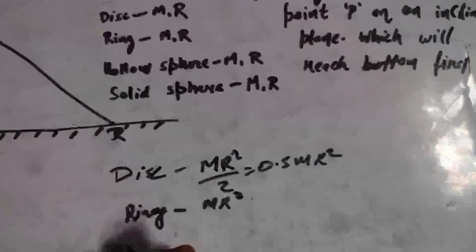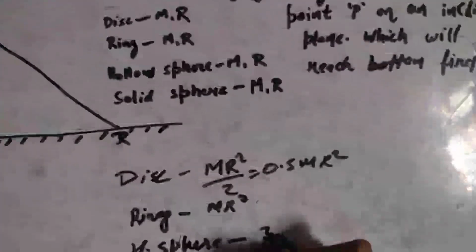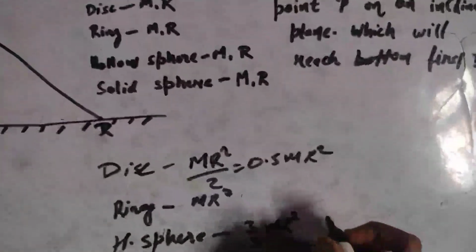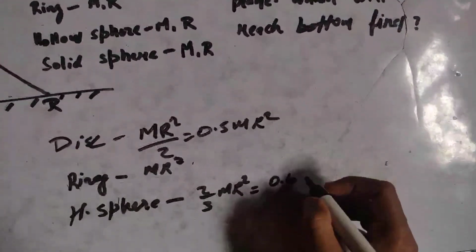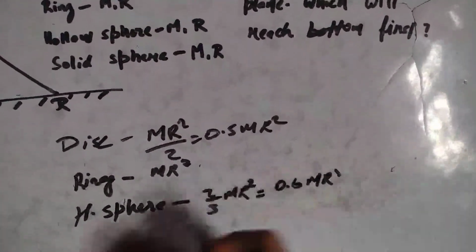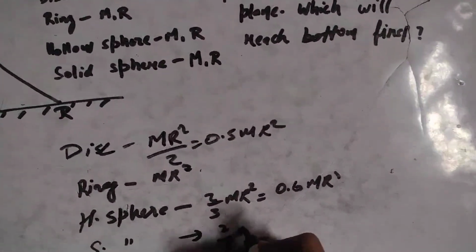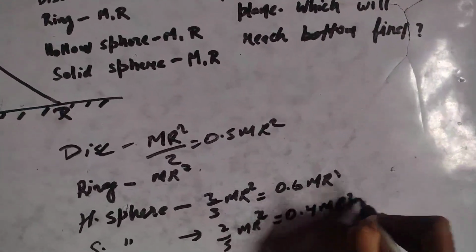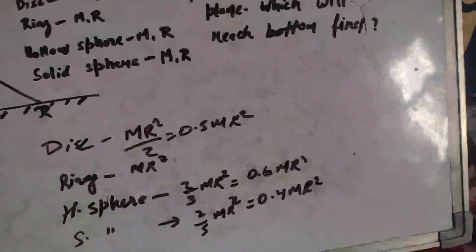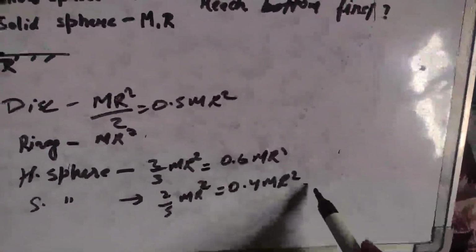Hollow sphere is 2 by 3 mr square, that is also equivalent to 0.6 mr square. And for solid sphere, it is 2 by 5 mr square, and we can also write this as 0.4 mr square. So we can see that solid sphere has less rotational inertia, and therefore it offers less resistance.